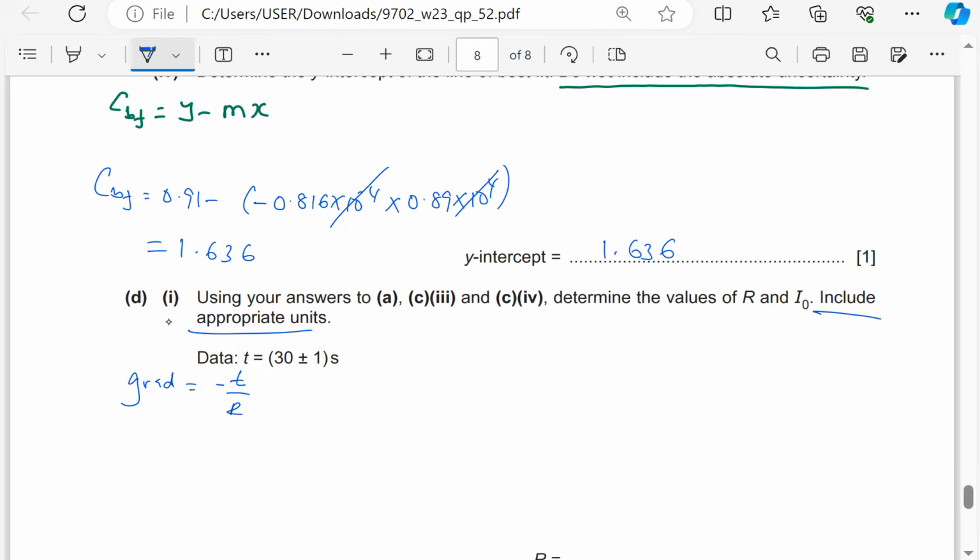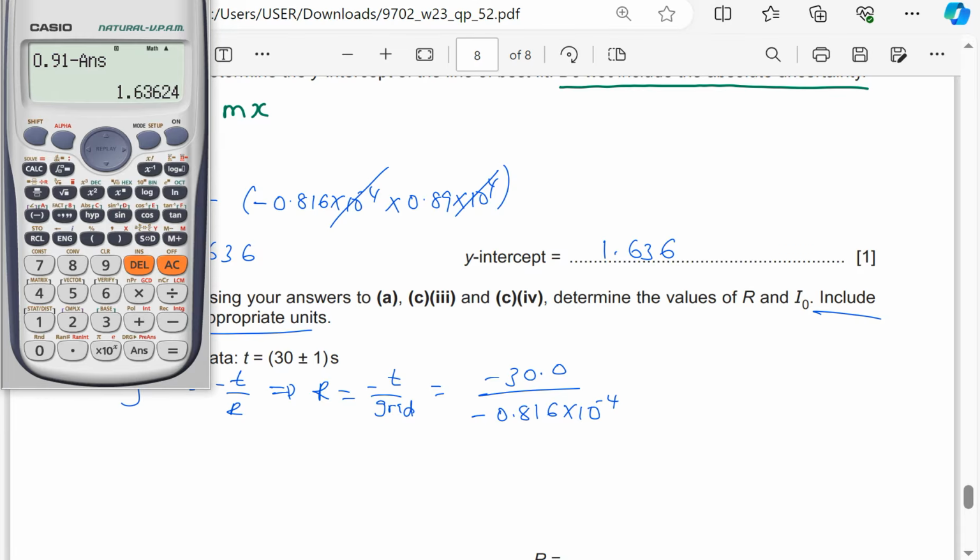This implies that R should be negative T divided by the gradient. They have not asked for the uncertainty here. So I'll just say negative 30.0 divided by the gradient. Our gradient was negative 0.816 times 10 to the power of minus 4.